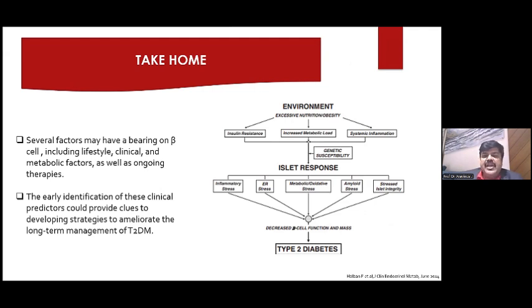On the right hand side, you can see the simple graph which shows how the environment plays a role in developing insulin resistance, increased metabolic load, and systemic inflammation, leading to genetic susceptibility, decreased beta cell function and mass, ultimately leading to type 2 diabetes.